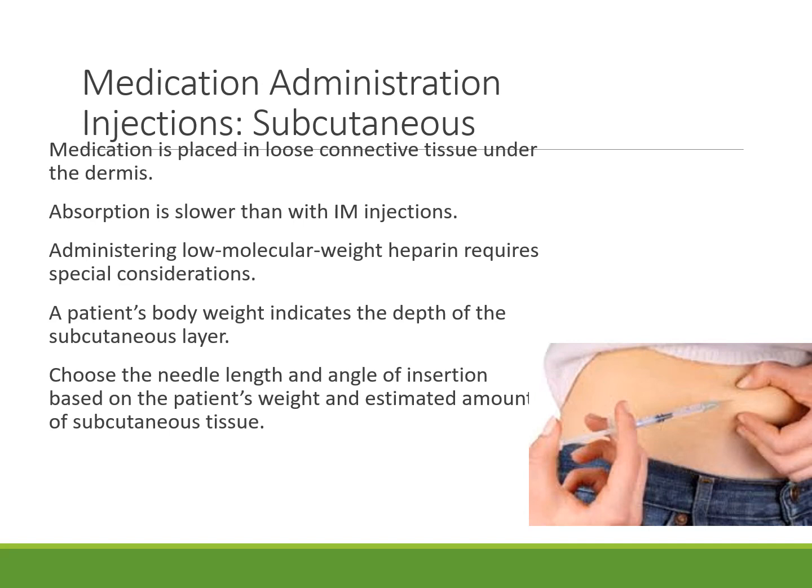With regards to the angle, if intramuscular administration uses 90 degrees, then the subcutaneous administration uses a 45-degree angle. So medyo slanted siya. Kasi if we give it by 90 degrees, then it might reach the muscle, not the subcutaneous tissue.